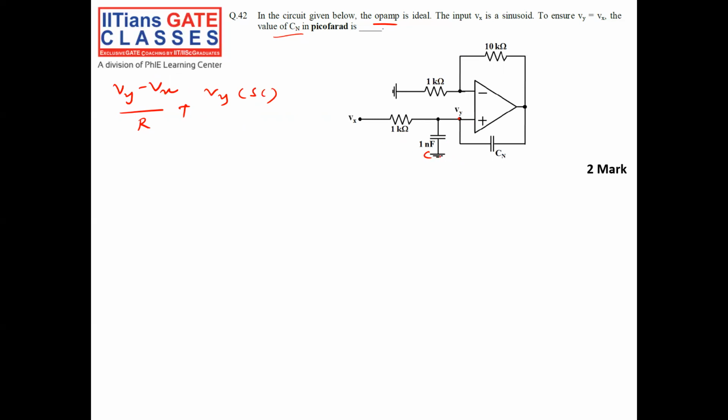I am putting 1 nanofarad intentionally. Plus (Vy minus V0) into Scn is equal to 0. This is the first equation.